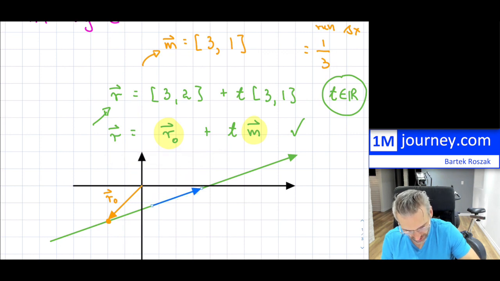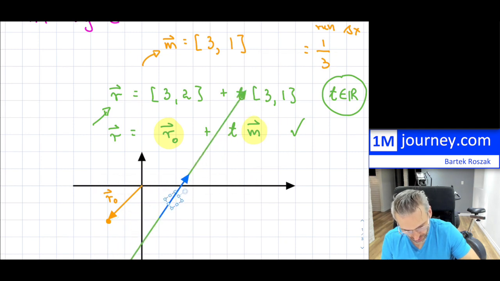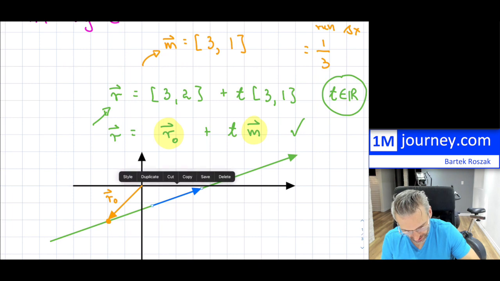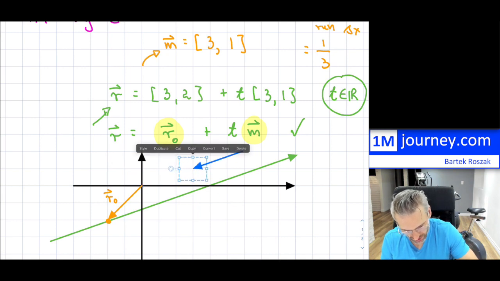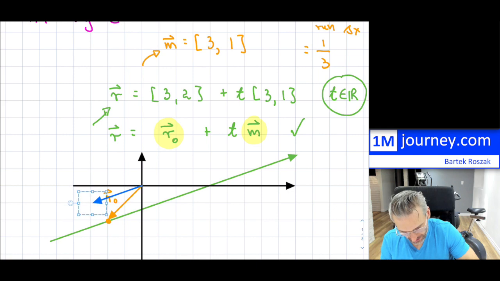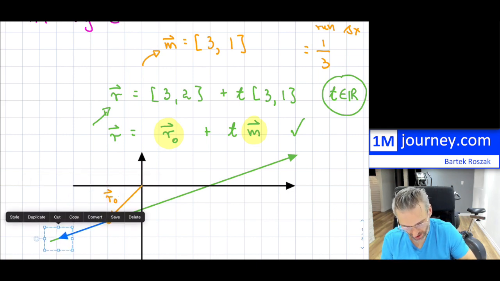It can be parallel in this way, or it can also be in the opposite direction. So it would have been looking like this. And then if you swapped it, it would have been this way.